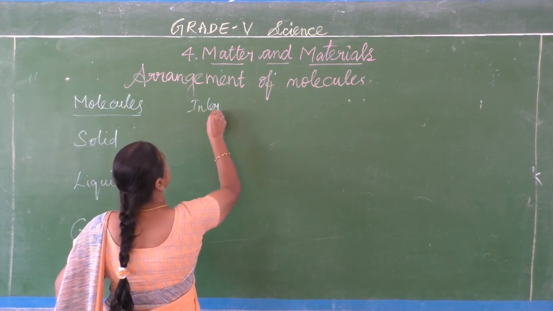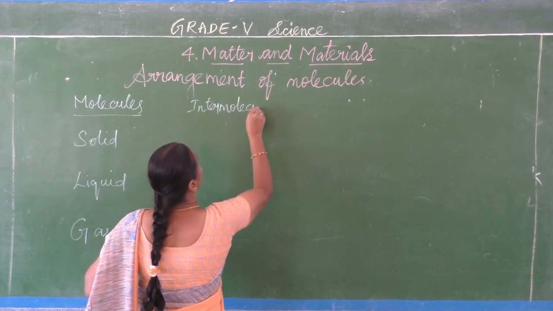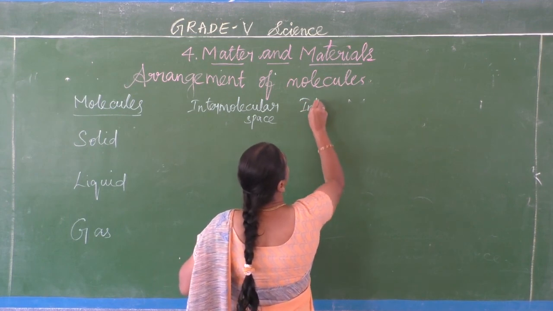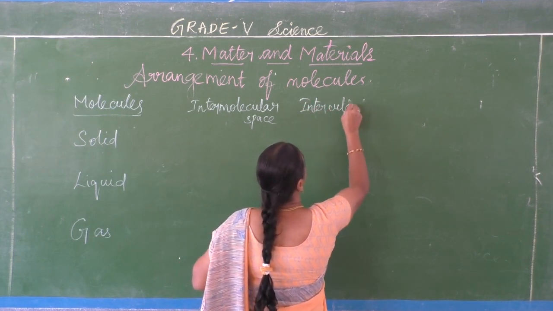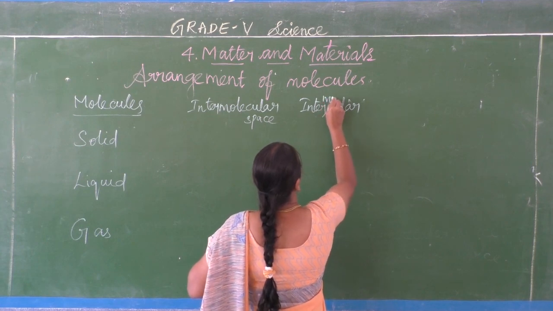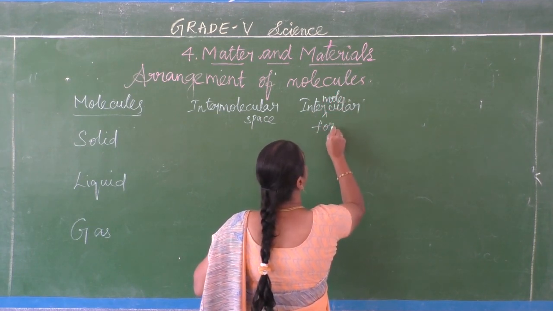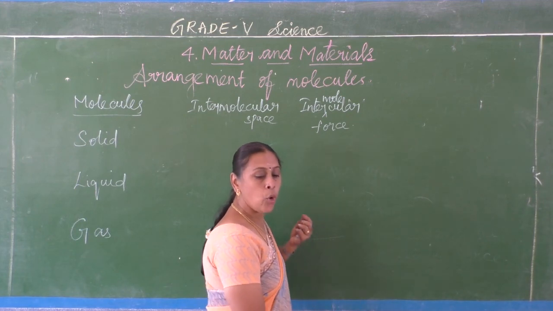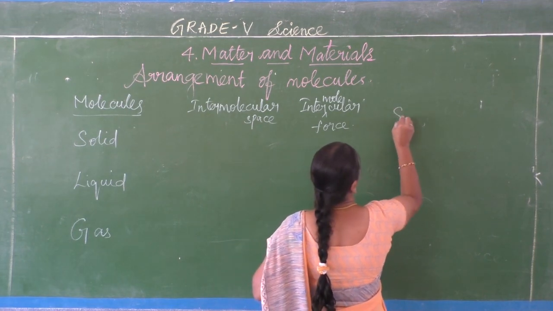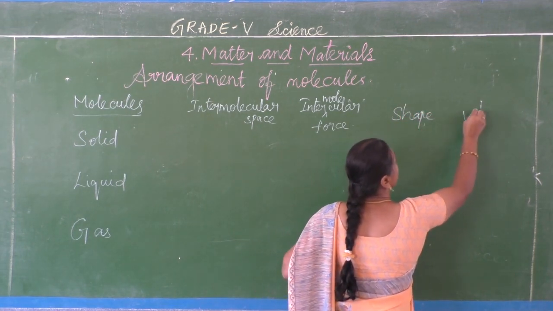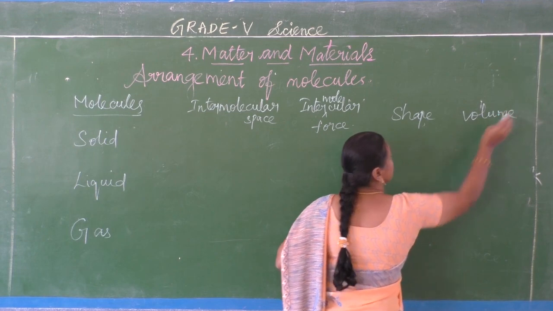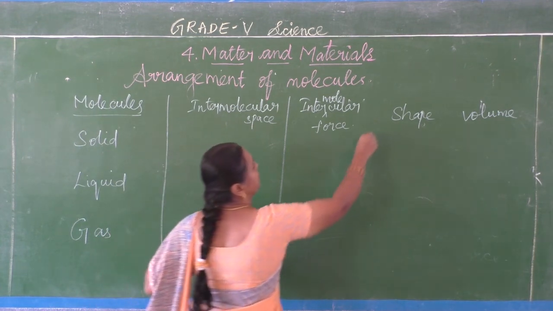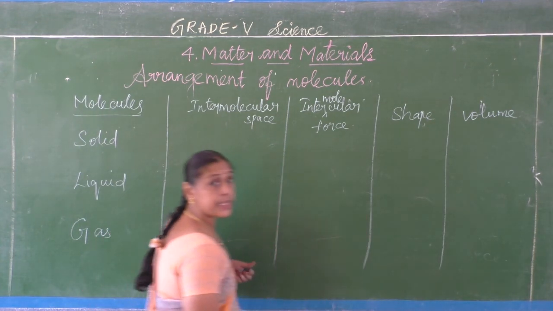Intermolecular space, intermolecular force, then shape and volume. You can divide this as a tabular column. Then it will be easy for you to understand.